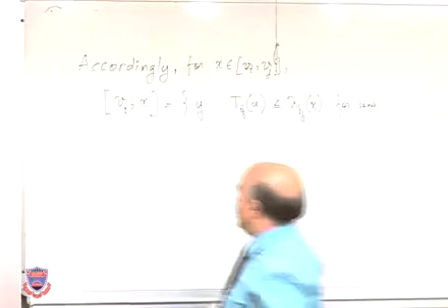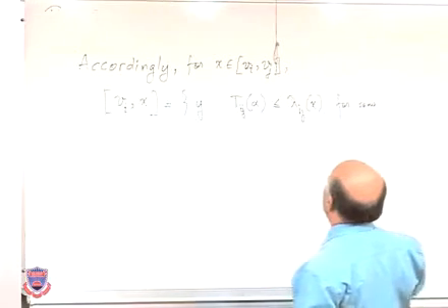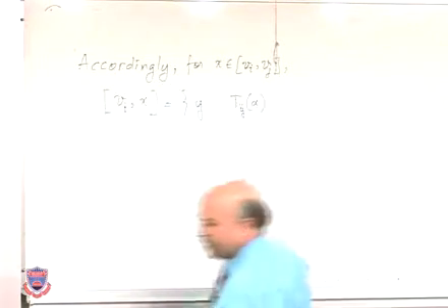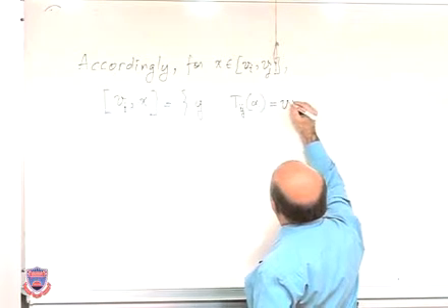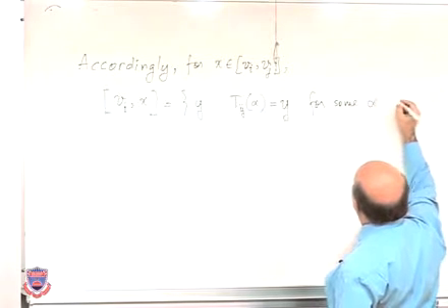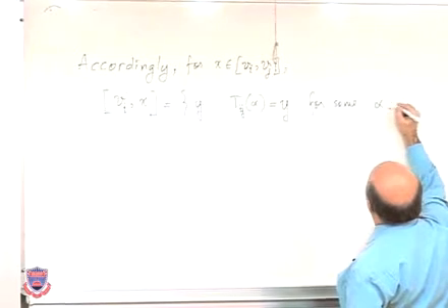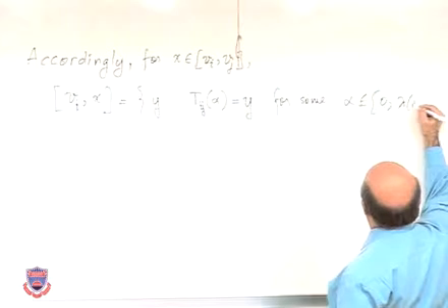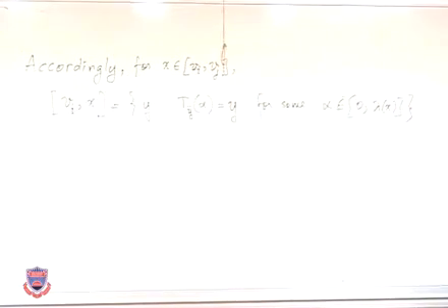Sorry, no, this is not correct. Just a second. Let's correct this. Tij of alpha will be the point y for some alpha, which is in the interval 0 to lambda of x. Does that make sense to everybody?